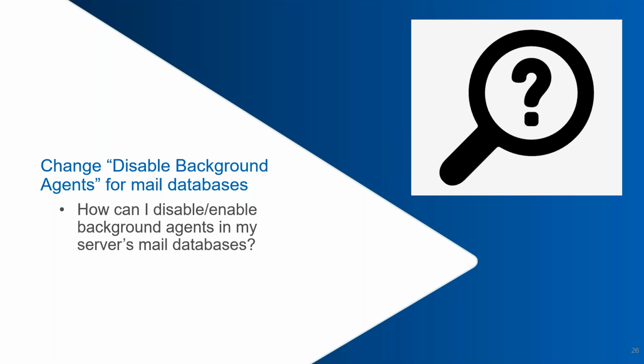So if you're in your environment, you're still running out of office as an agent and you're on server 8 or above and your users are on Notes 8 or above, I highly recommend you make that configuration change because your users are going to be happier for a couple of reasons. First of all, your users can now set their out of office to a range of hours instead of an entire day. In addition, from a user's perspective, they set their out of office and they don't have to worry about turning it off.